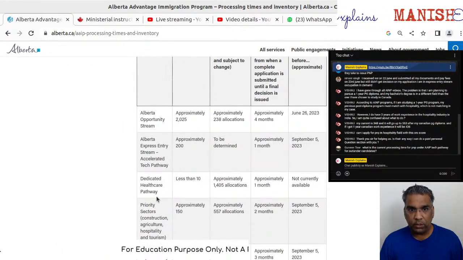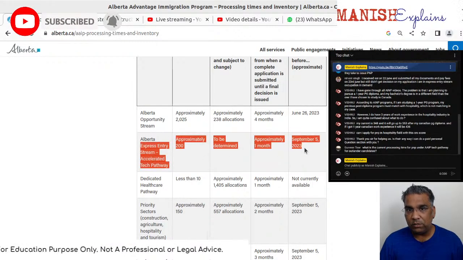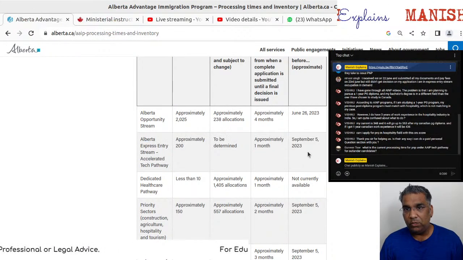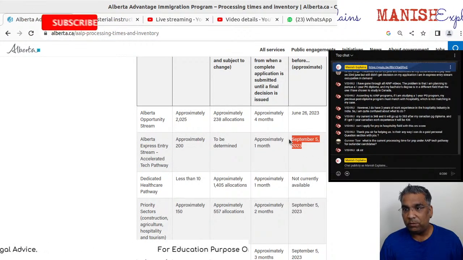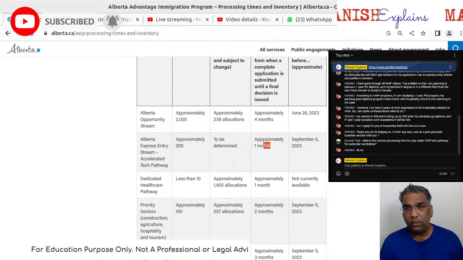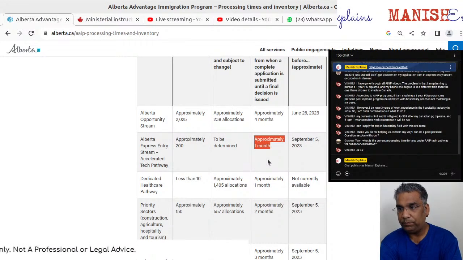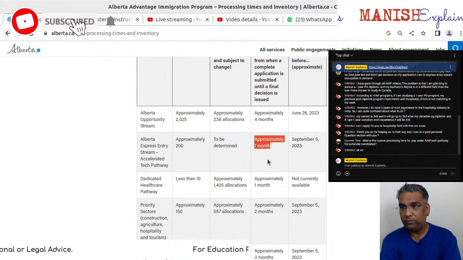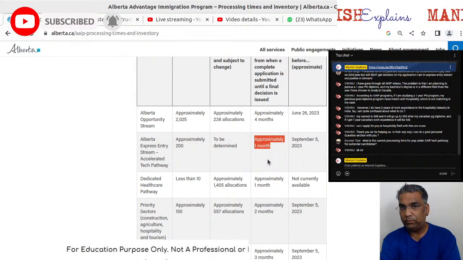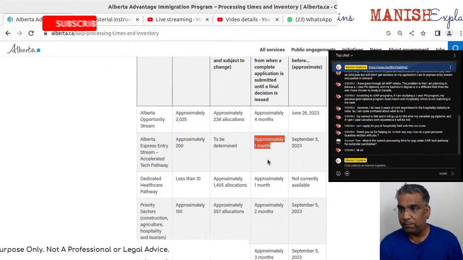If you look here, you are asking about the tech pathway. The processing time is almost a month here. They are processing applications from September 5th, approximately 1 month. So I hope, Gurveer, I was able to answer your question.